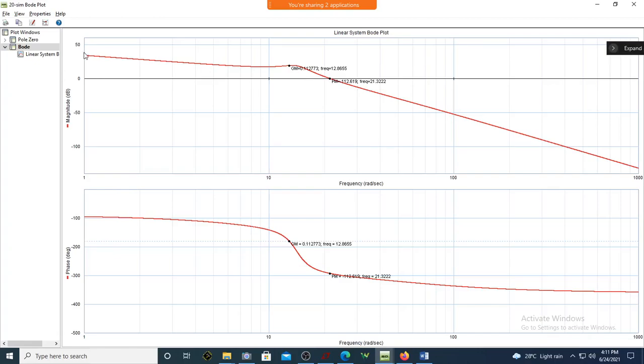Can you see initially the slope is negative, then it becomes slightly flat near 0 dB, and then it comes down drastically? Correct. Yes, sir. What is the final slope? It's minus 40 dB, or minus 60 dB per decade? Minus 48 dB per octave, I got it.